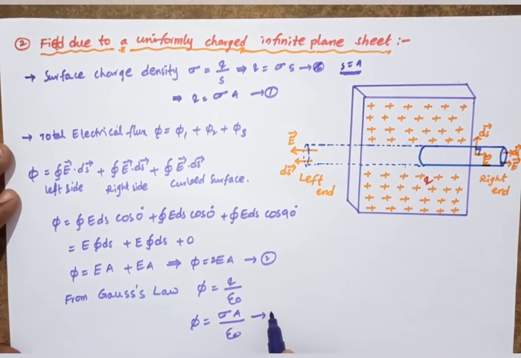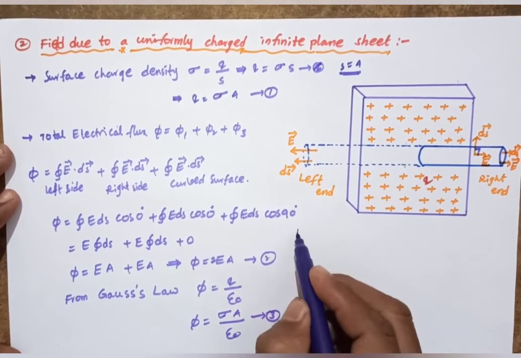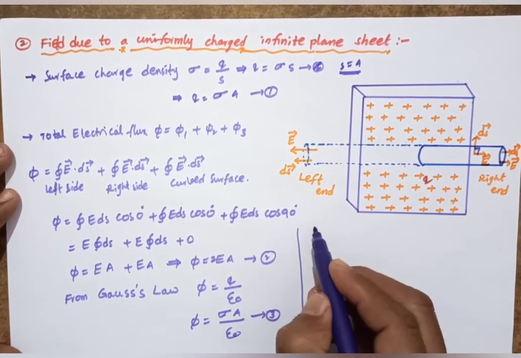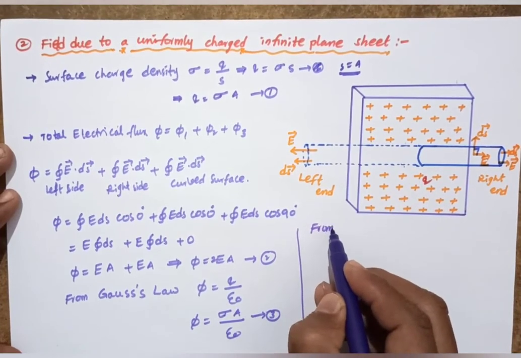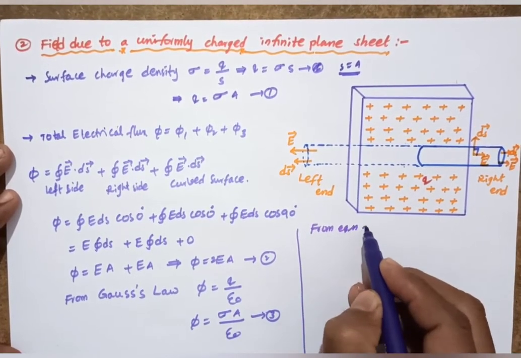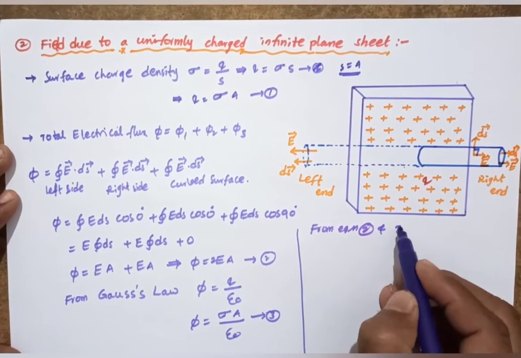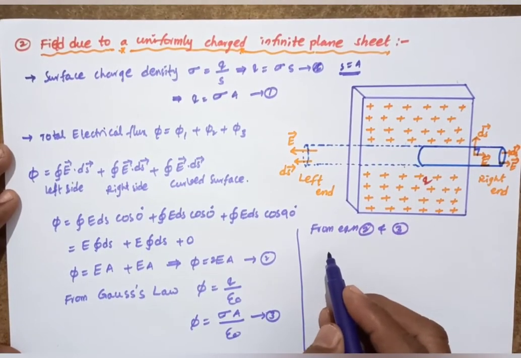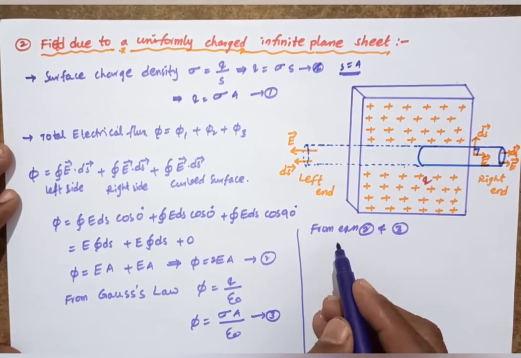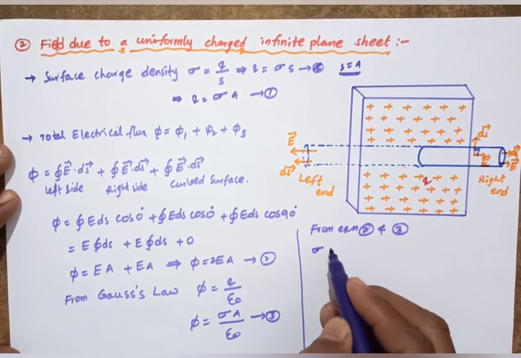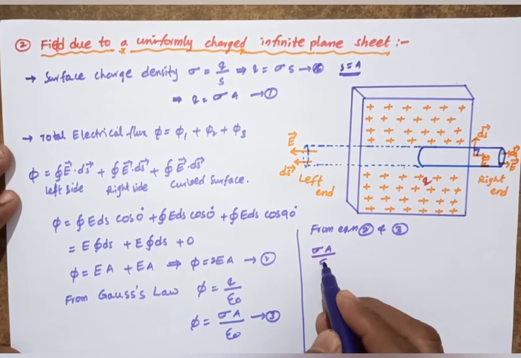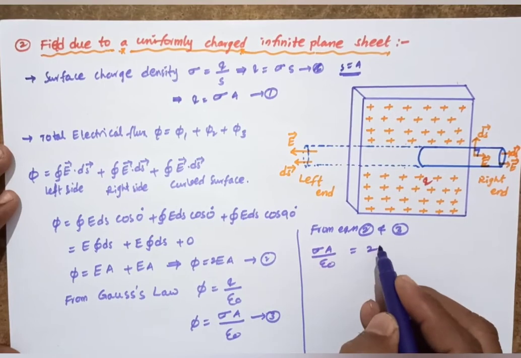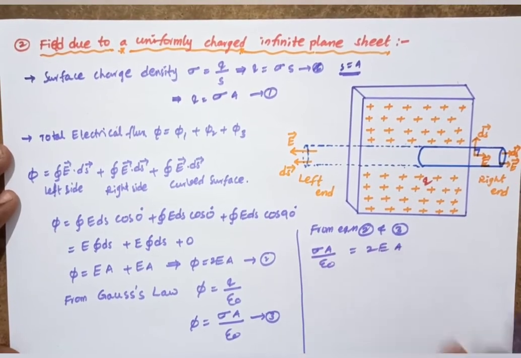This is equation number 3. From equation number 2 and 3, we can write sigma A by epsilon naught equals 2EA.